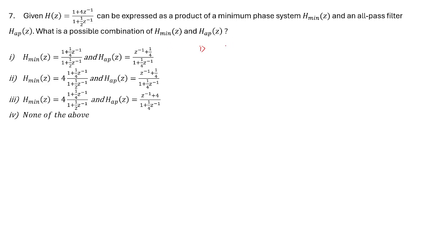So for the first option, let us check the product of H min of z and H AP of z: minus 1 plus 1 over 4 z inverse, 1 plus half z inverse, times z inverse plus 1 by 4, 1 plus 1 by 4 z inverse.